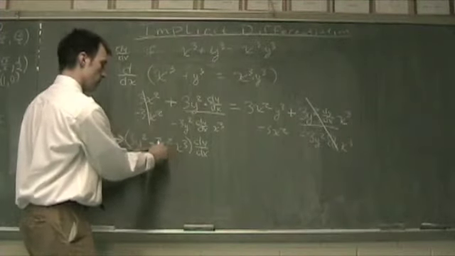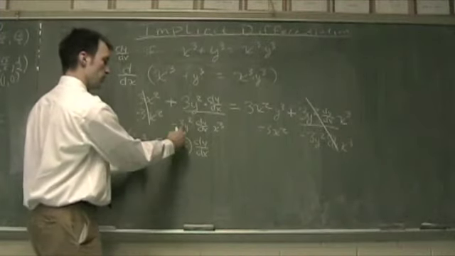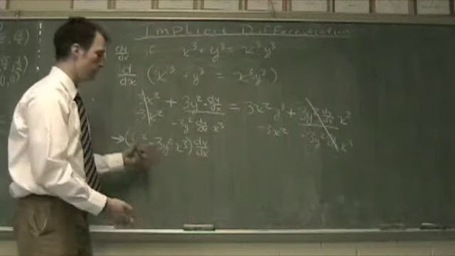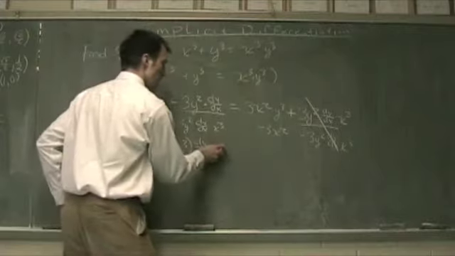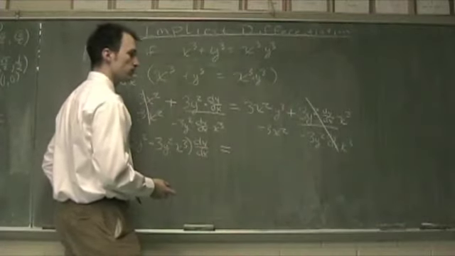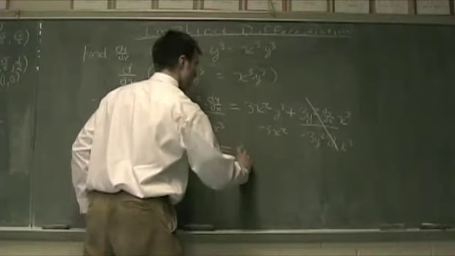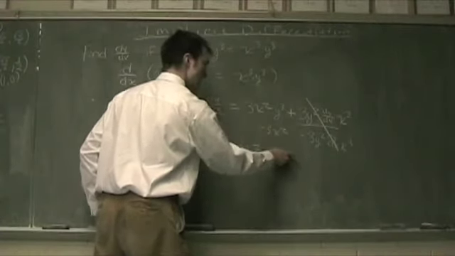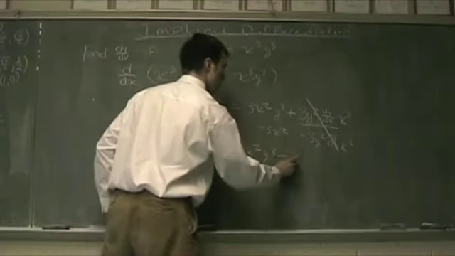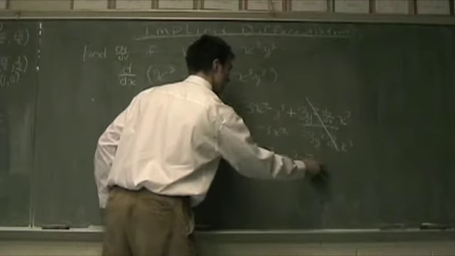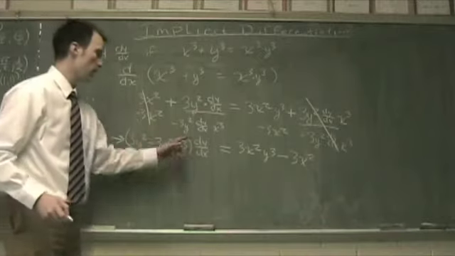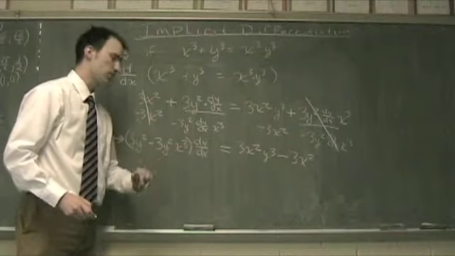And negative 3y squared x cubed times dy/dx is right there. Okay, so that's that. And this whole thing is equal to 3x squared y cubed minus 3x squared. Okay. So there's that, and now I've almost got dy/dx by itself.